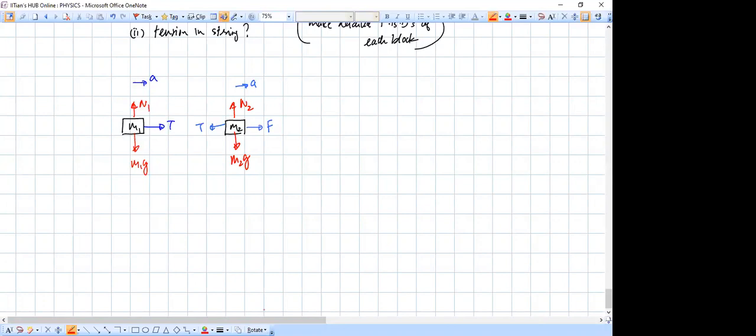Okay. So the significant equations are these ones, that for the block M1, we have T is equal to M1a, and for the block M2, we have F minus T is equal to M2a. So just add these two equations.